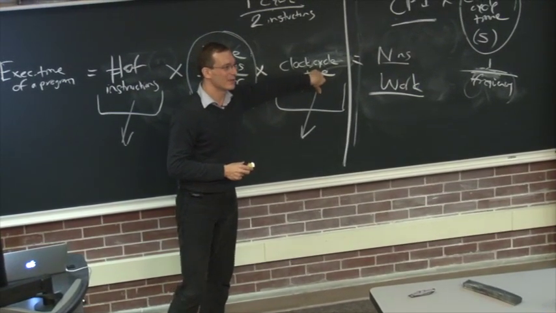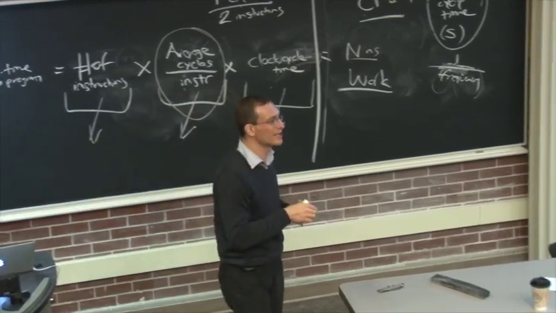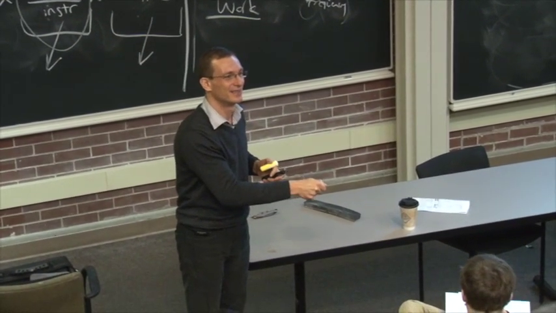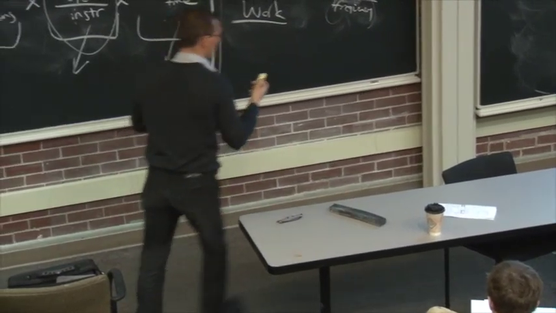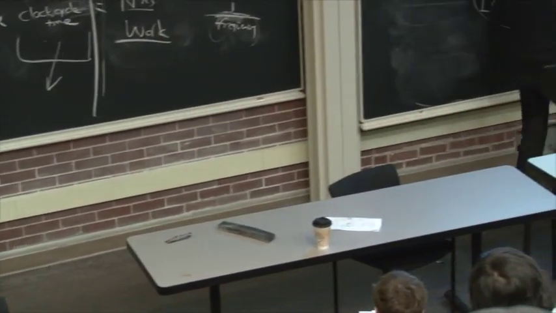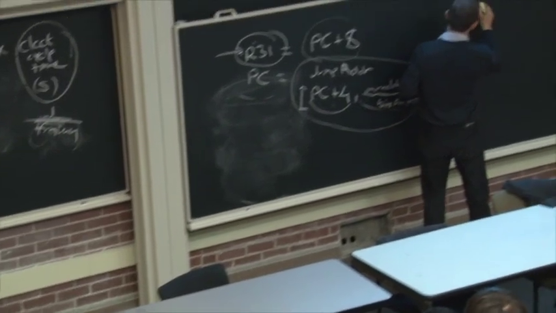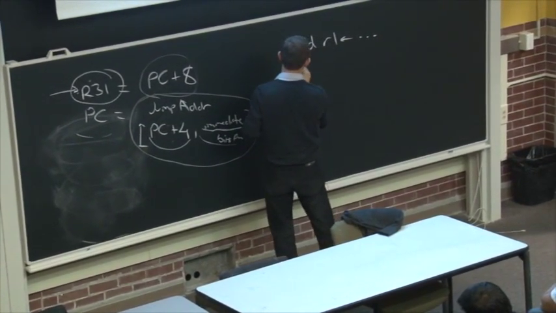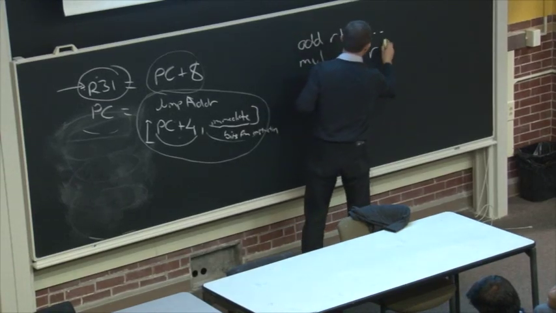Why? Well, the machine somehow needs to determine whether or not it can execute all those 8 instructions in parallel. What if those instructions, let's say you have add R1, some source, multiply, sources of that.